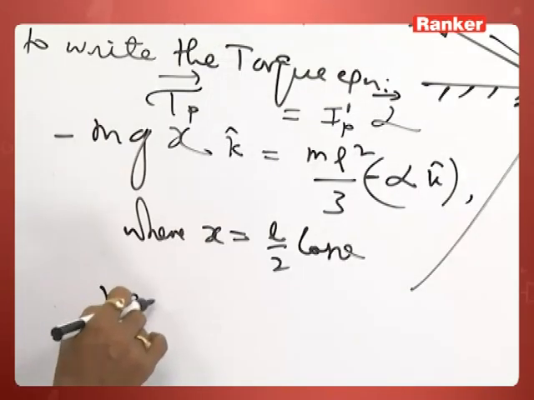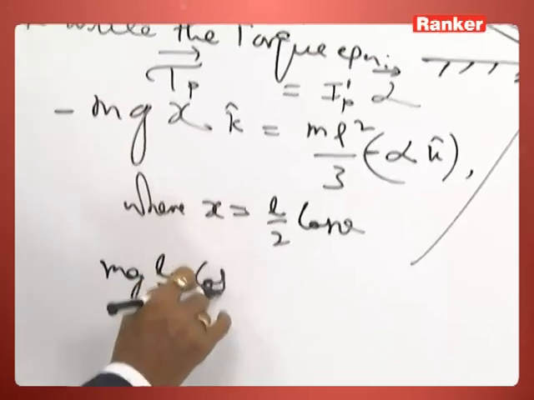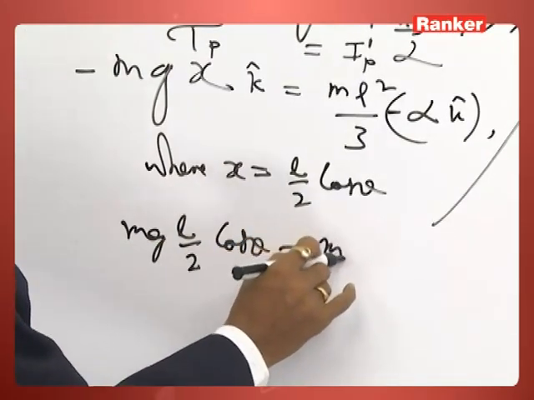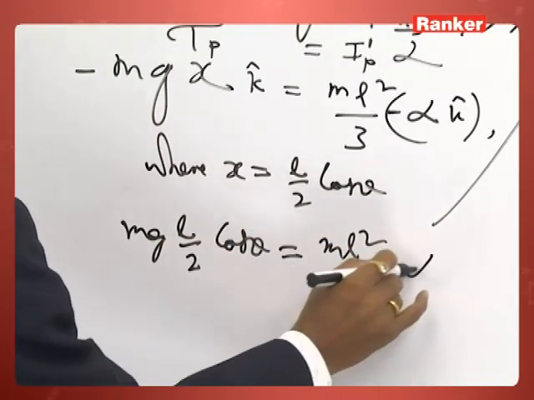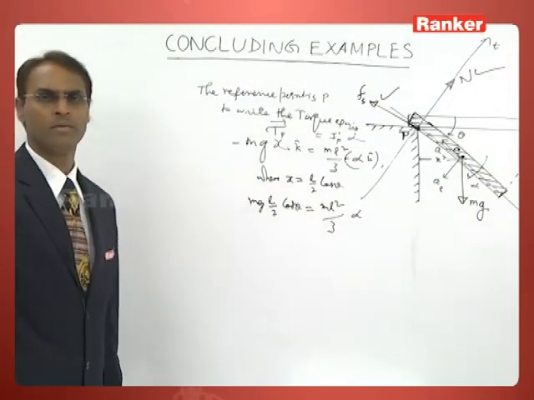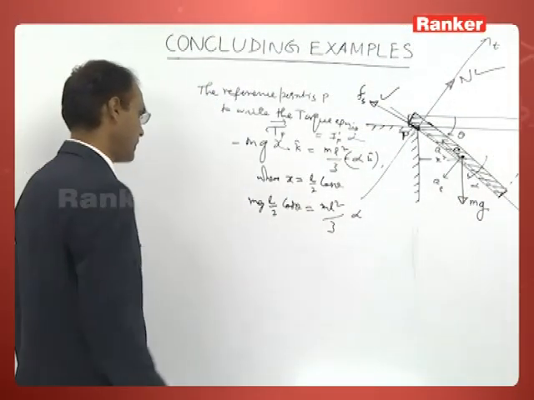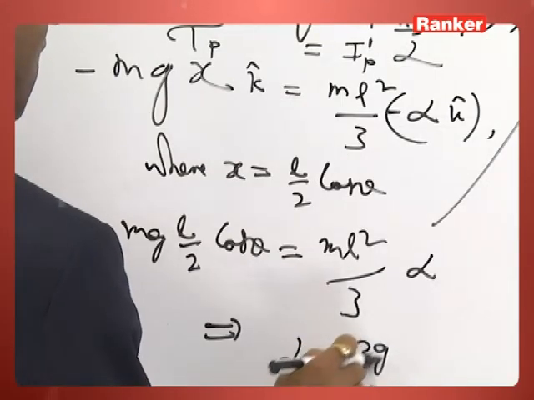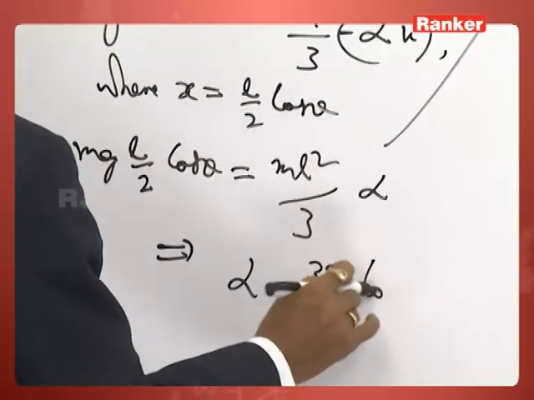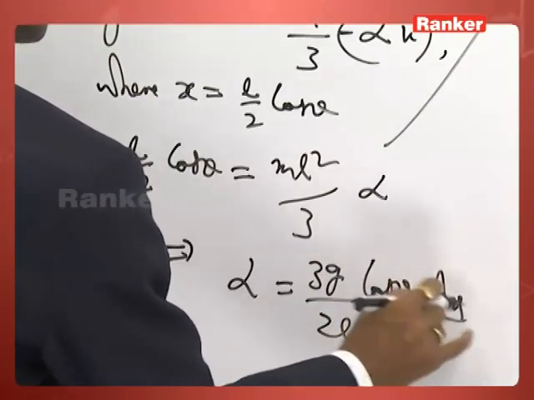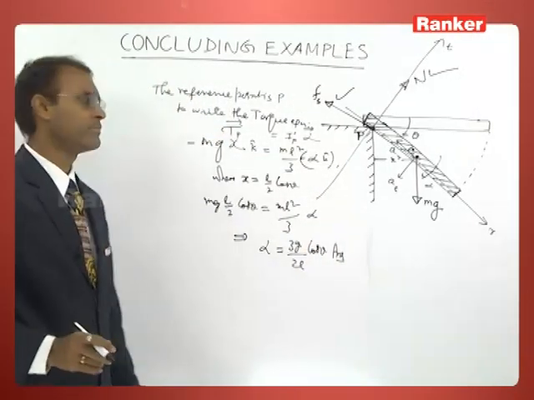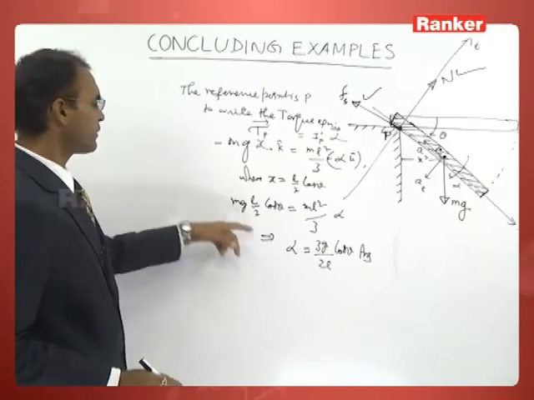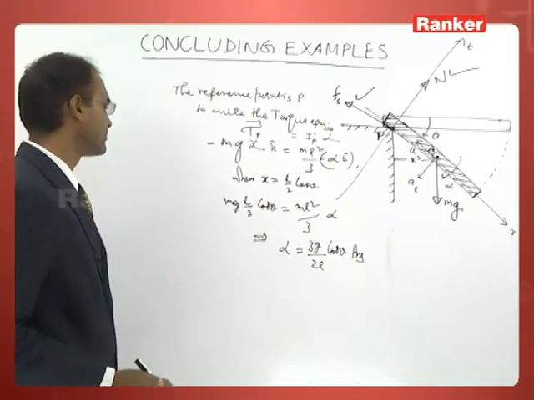So mg L by 2 cos theta is equal to mL square by 3 into alpha. This gives us alpha is equal to 3g by 2L into cos theta. From the torque equation directly we are getting the alpha value.